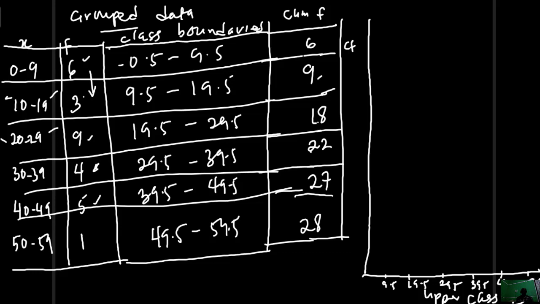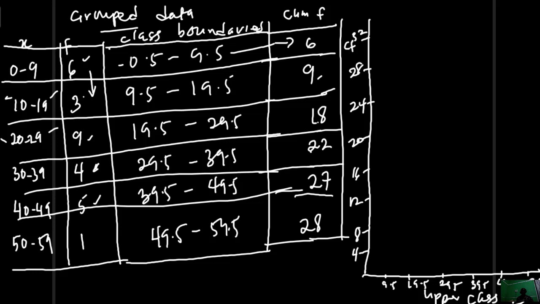If you check cumulative frequency, the highest is 28. So let's say 4, 8, 12, 16, 20, 24, 28, 32.